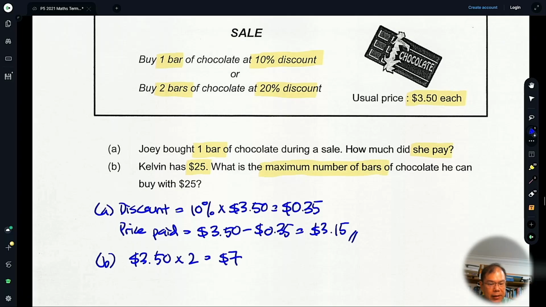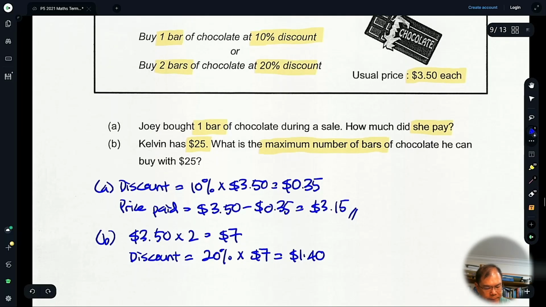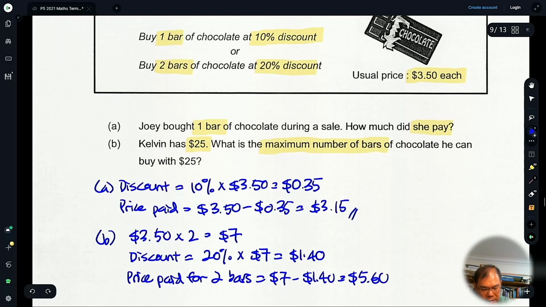But the discount for 2 bars of chocolate is 20% off the usual price of $7. So you pay $1.40 less. Right, so price paid for 2 bars of chocolate is actually only $5.60.